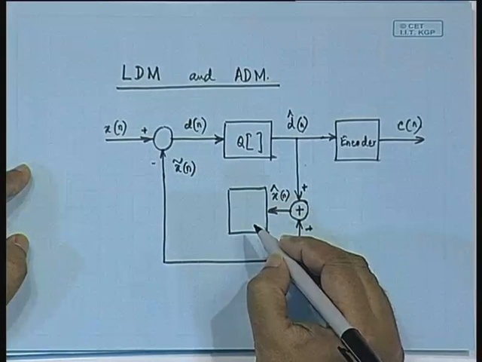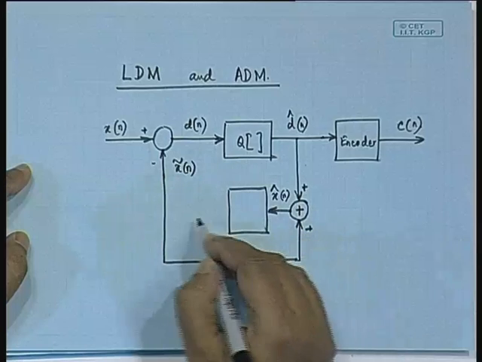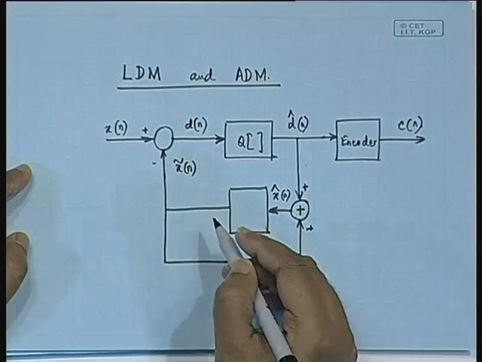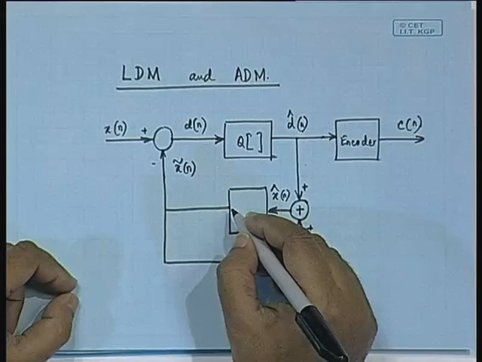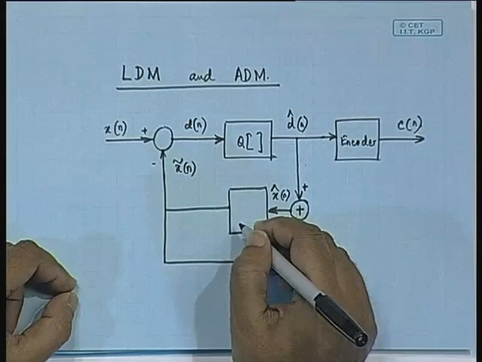Now, so far we have seen only the block, yesterday we were writing that as P, the predictor block, and now specifically we will implement this predictor.